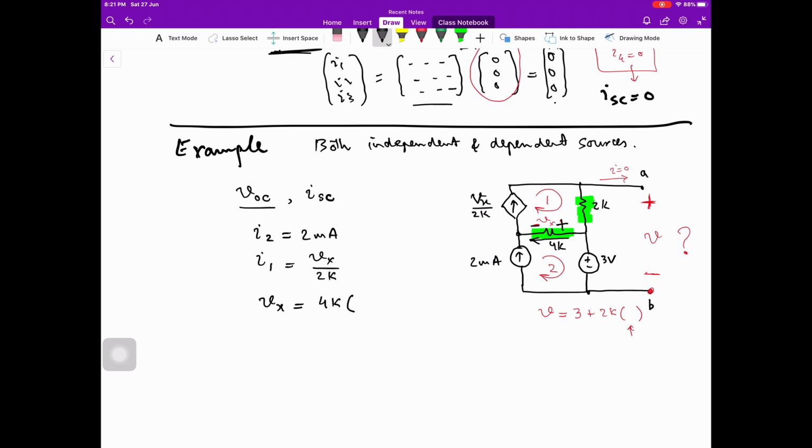So what is the current flowing from right to left? Considering the direction of the mesh currents, this is I1 minus I2. This is Vx. Finding Vx, substituting I1 and I2, you will see that Vx is equal to 8 volt.